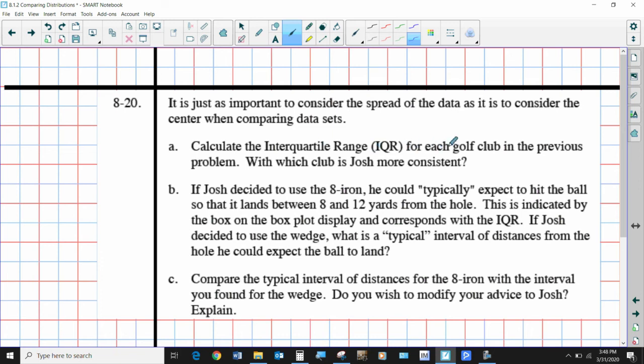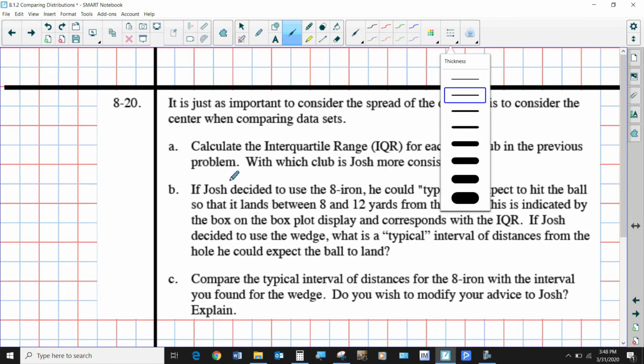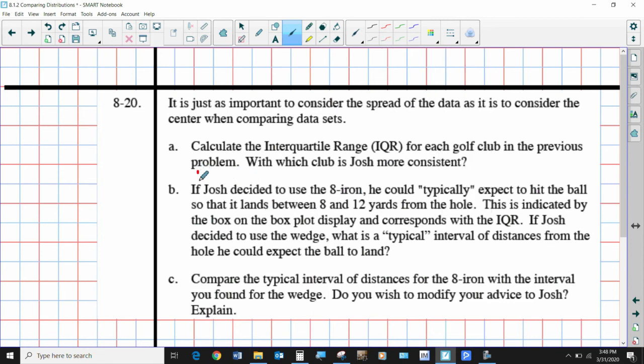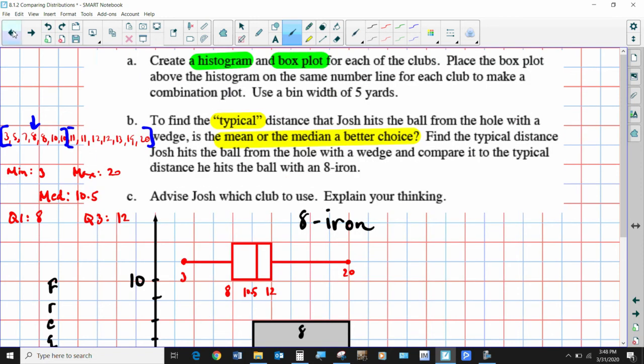Calculate the interquartile range for each club in the previous problem. With which club is Josh more consistent? So remember, the interquartile range is the box in the middle. So for the wedge, the IQR was equal to how much?